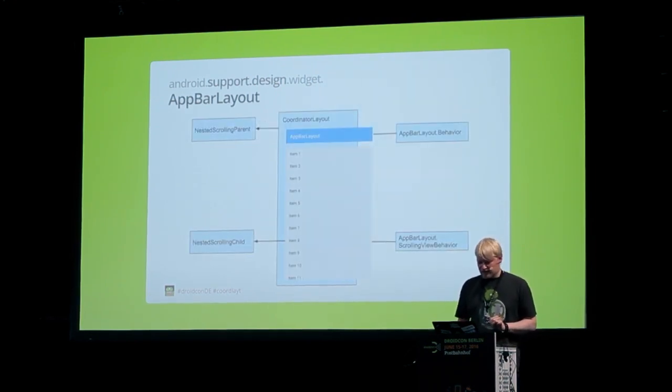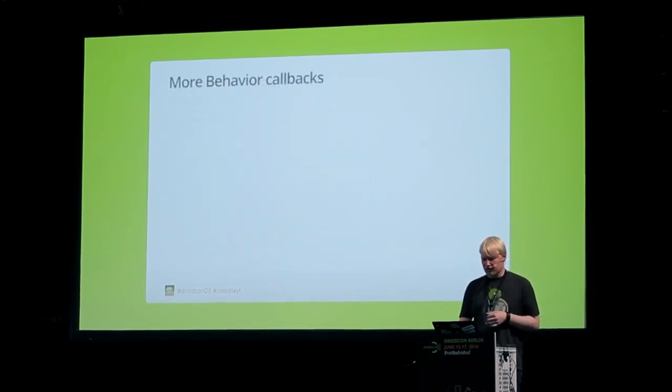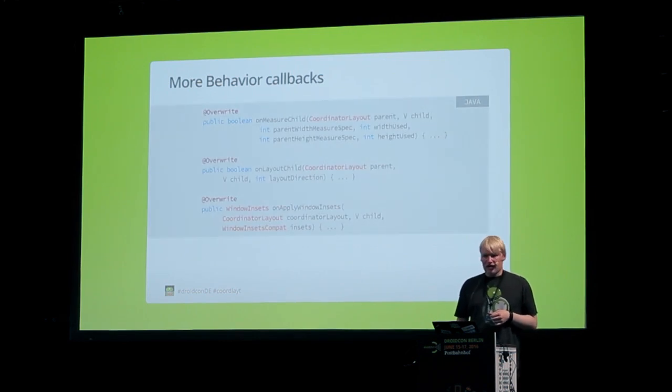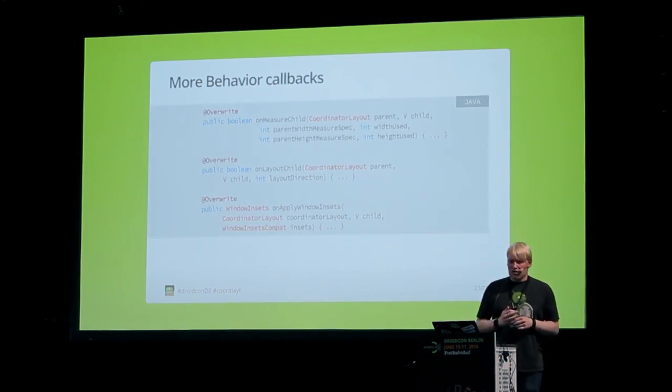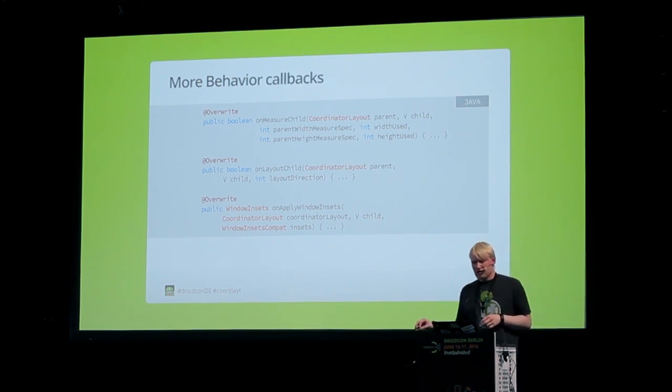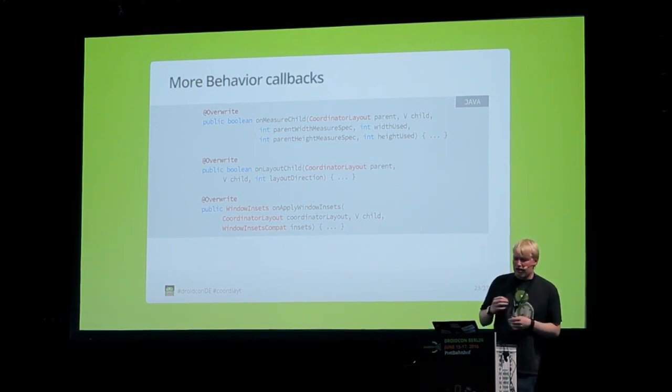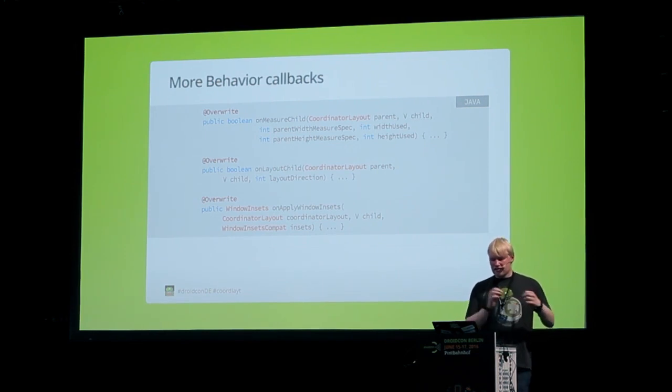Okay. This is nested scrolling and the AppBarLayout, but there are some more interesting callbacks on behaviors you can implement. Like onMeasureChild, this will be called not for neighbor views, not for other child views, but for the child view that has this behavior applied to. And it will get called every time the CoordinatorLayout wants to measure this child.